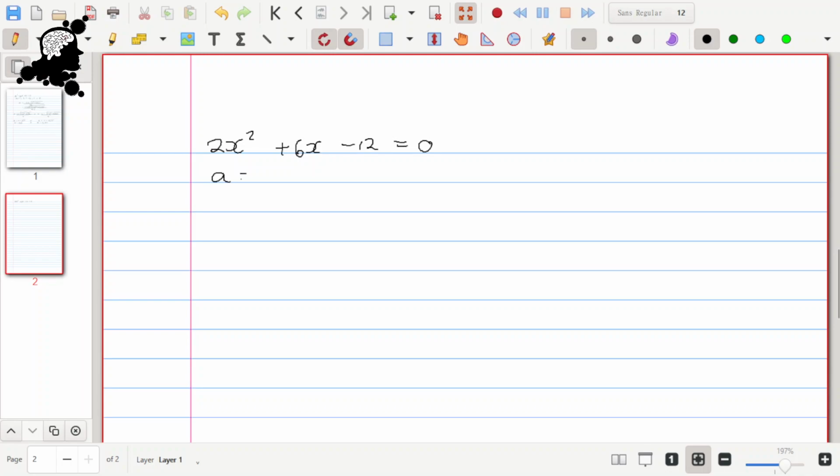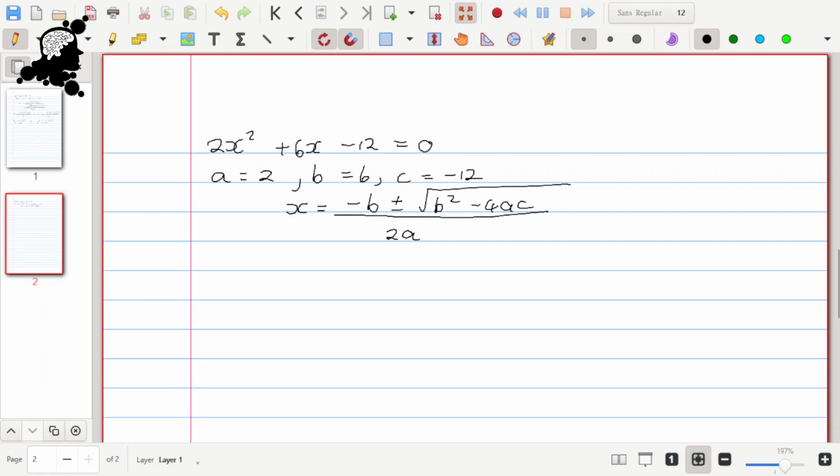So a is the coefficient of x squared, that is 2. b is the coefficient of x, that's positive 6. c is the constant, which is negative 12. Right. x is equal to negative b plus or minus the square root of b squared minus 4ac, all divided by 2a.